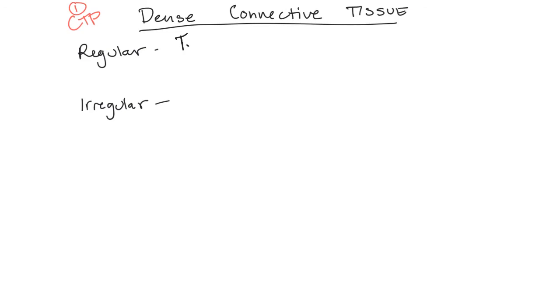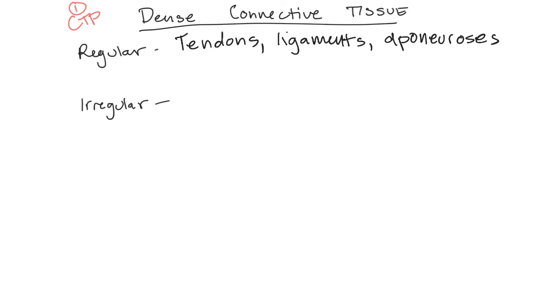Regular dense connective tissue includes tendons, ligaments, and our other A word, aponeuroses, which are attaching bone to muscle, bone to bone, and muscle to muscle.